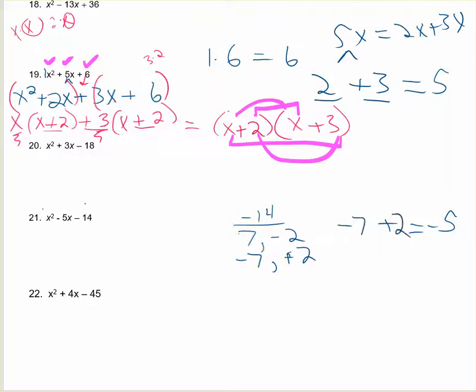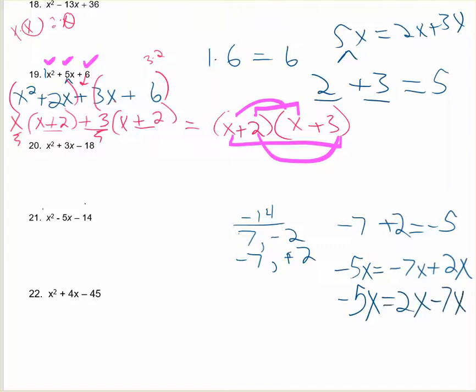Negative 7 plus 2 is negative 5. So I'm going to rewrite negative 5x as negative 7x plus 2x. Or, I just want to show you what happens if you have the negative 2x minus 7x. I'm going to write it this way so that I have to work with it a little bit.